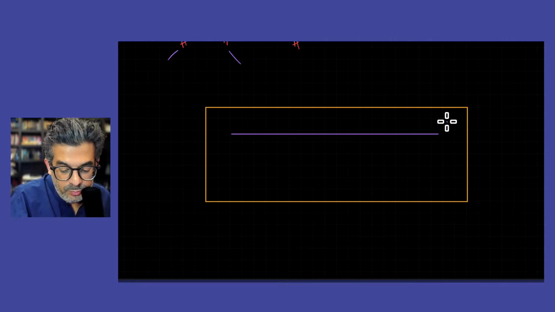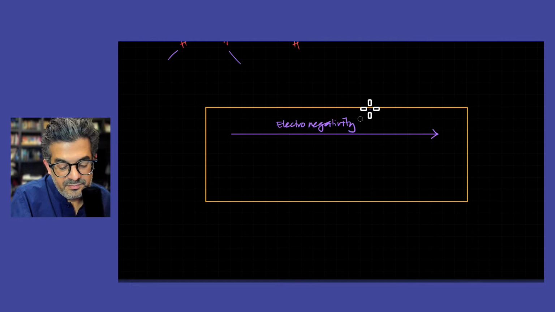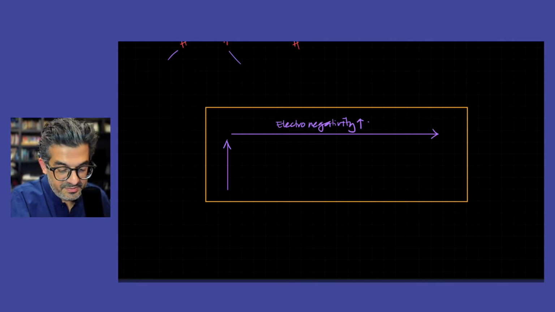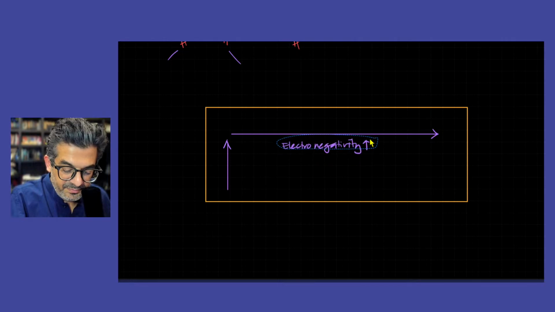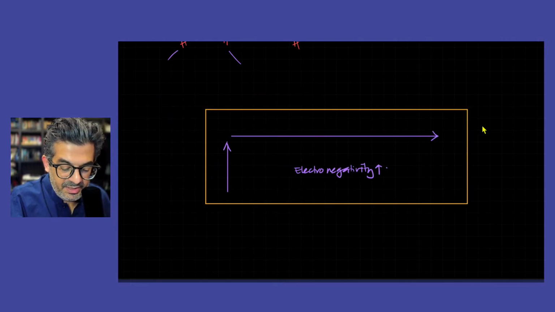I also use old questions. So across a period, electronegativity, what happens to that? It increases. And up a group, it also increases. So across a period and up a group, it increases.